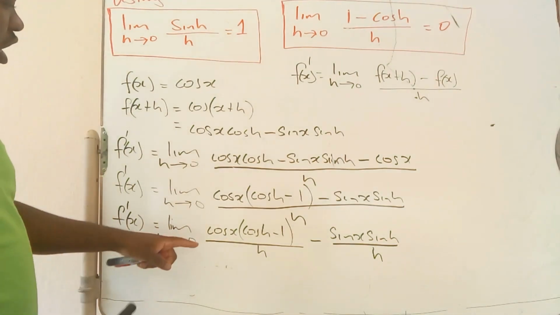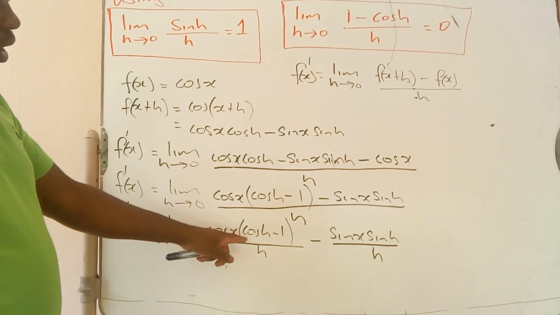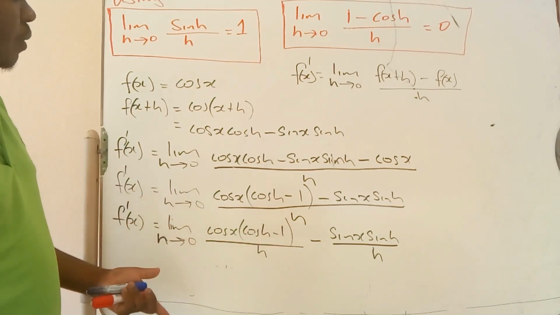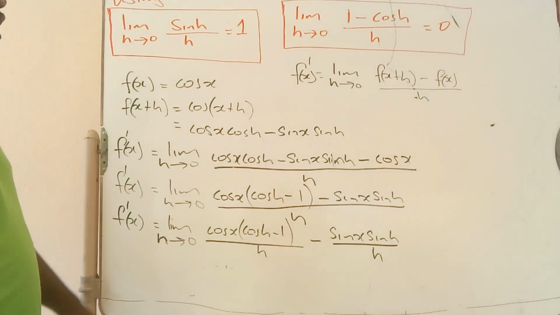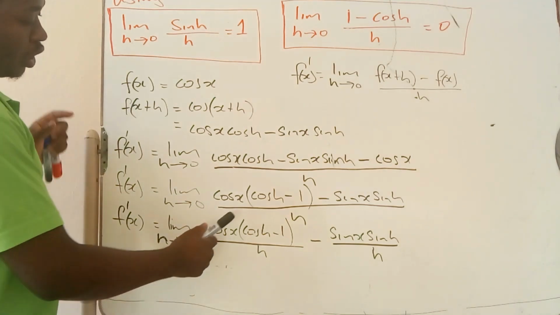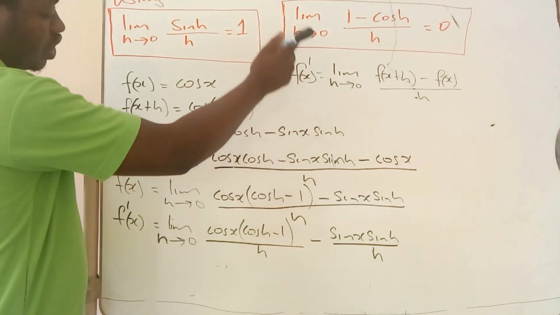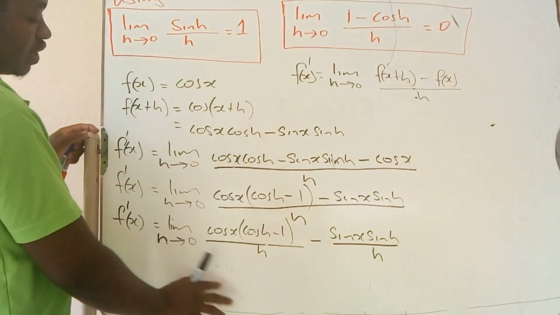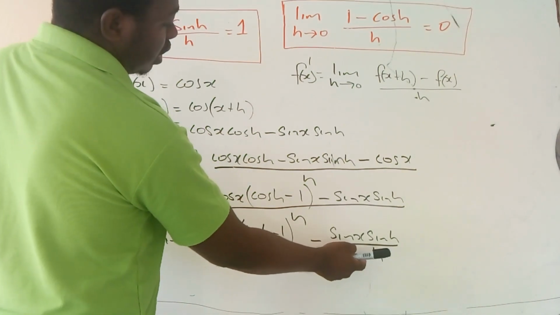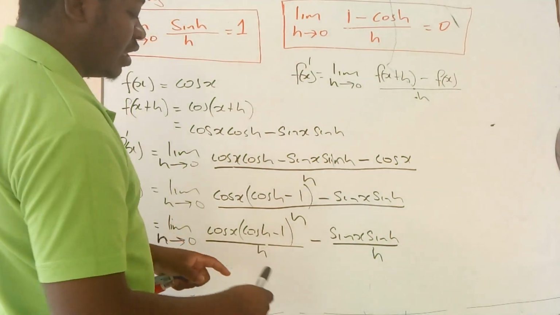Now again, you can view this as cos x over 1 times cos h minus 1 over h, right? Same thing. Now what we're doing is trying to identify these formulas in each of them. So here we have cos h minus 1 over h. That's a 0, right? Again, all of this side is just going to be 0. Here, sine h over h is 1, so that's just 1 times minus sine x. So you see the answer already, right?